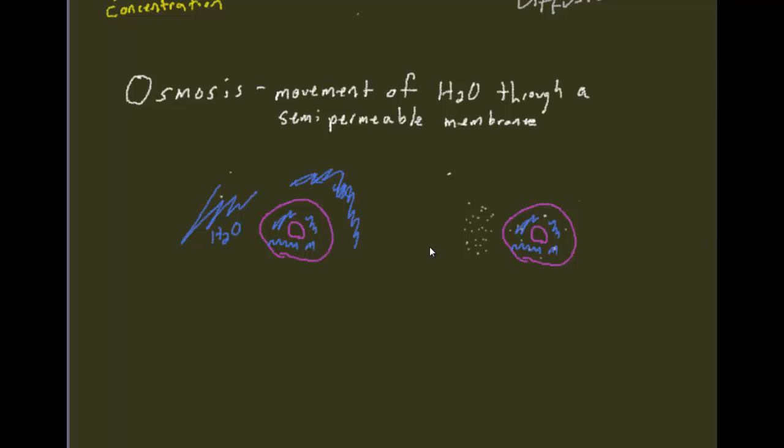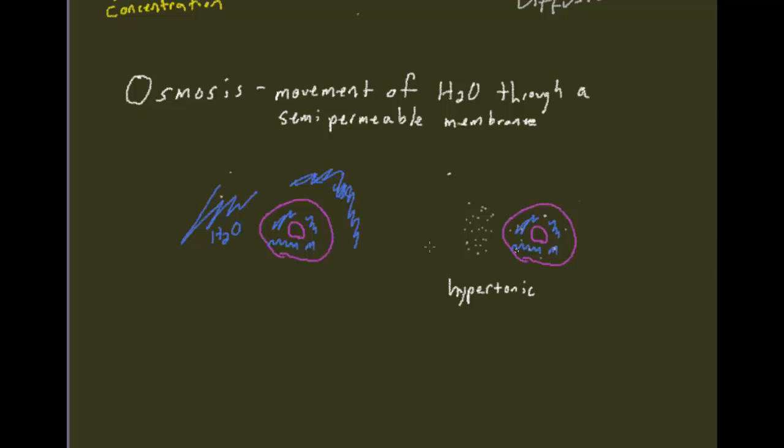What will happen? This is called a hypertonic solution. In a hypertonic solution, you have more molecules, more particles outside than you have inside. So in this case, salt molecules, you have a lot more of them outside than you have inside the cell. That's putting the cell in a hypertonic solution.